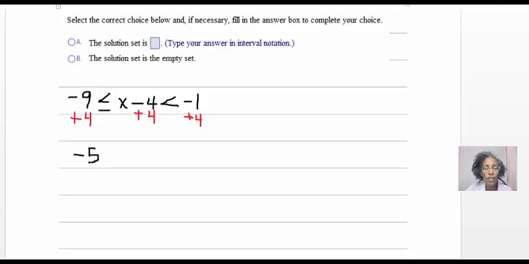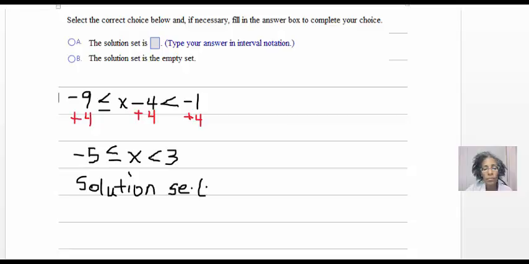When I add 4 to all 3 segments of the inequality, I get negative 5 less than or equal to x less than 3. And the solution set as an interval looks like this.